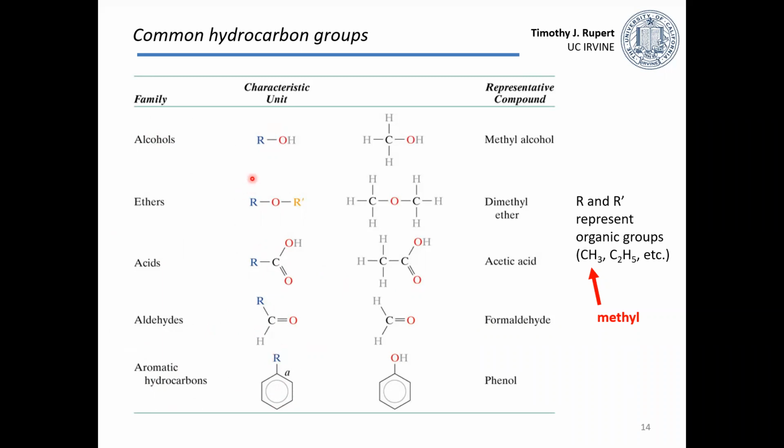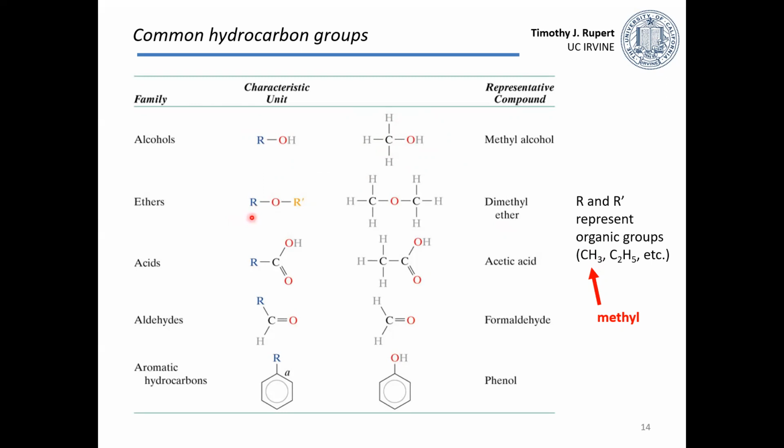But what I want to point out is that this little characteristic unit, you can think of the oxygen and hydrogen as sort of what's given, and what's listed as R can change and can be different organic groups. So for example, if this R is replaced by CH3, which is methyl, we'll get methyl alcohol. So it has that methyl unit and then that OH unit off to the side.